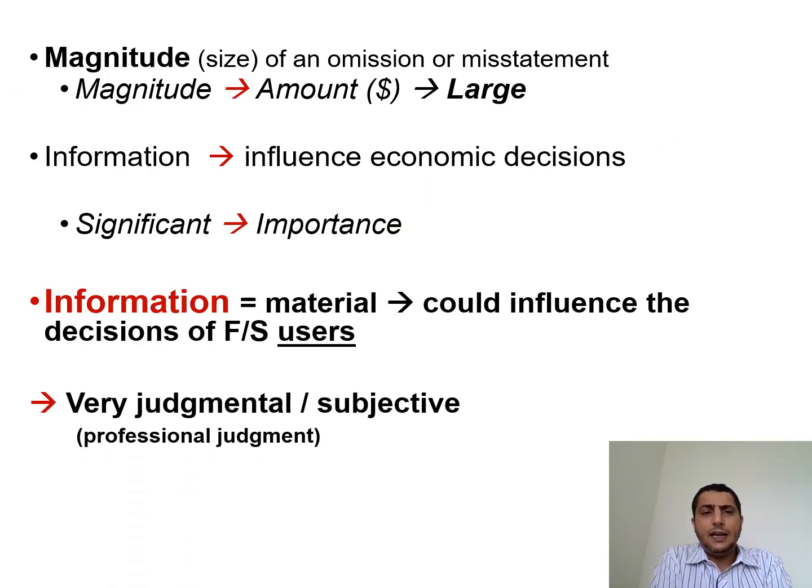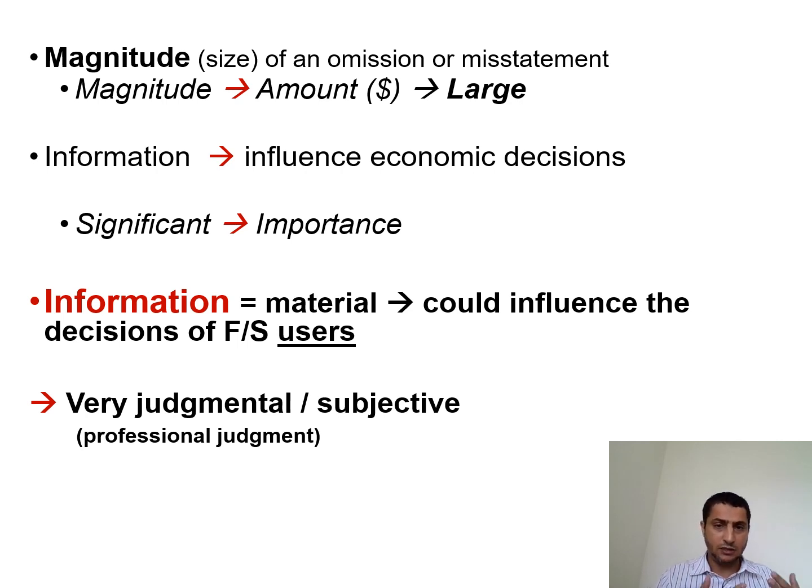By analyzing the definition of materiality based on ISA 320, we can say that it is about magnitude of amount. When we say magnitude, it means a large amount of accounting or economic information that may influence the economic decision, meaning it is important.